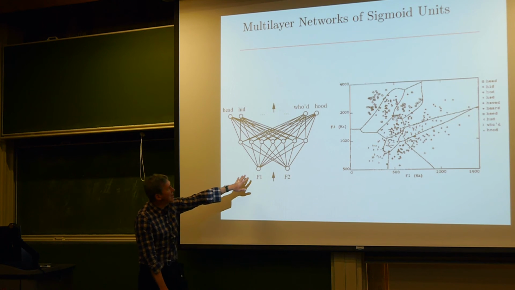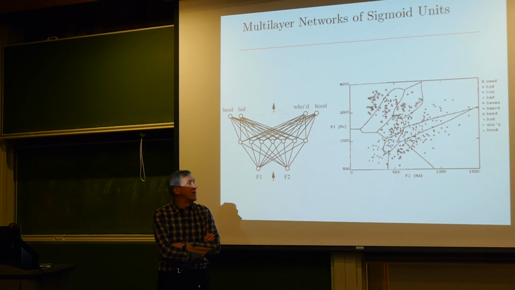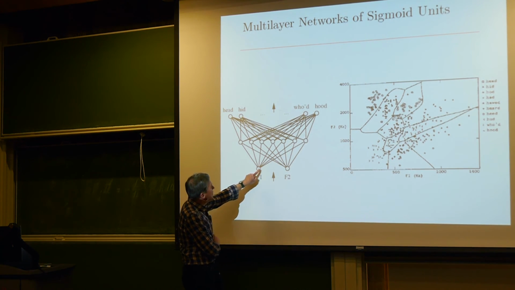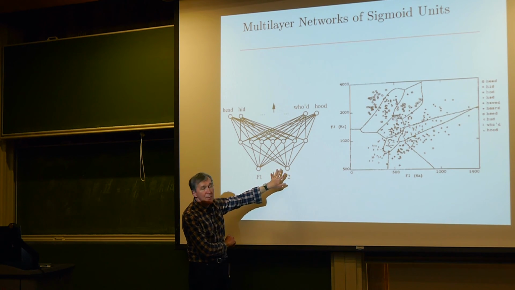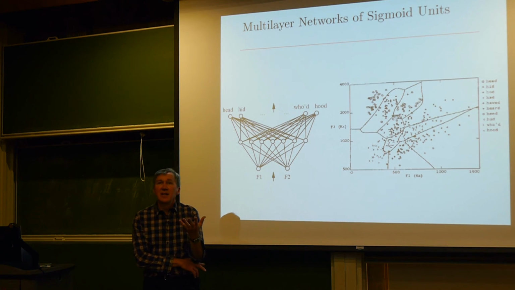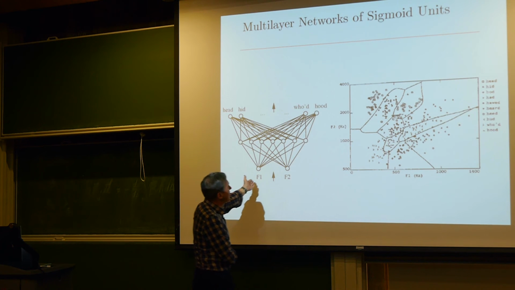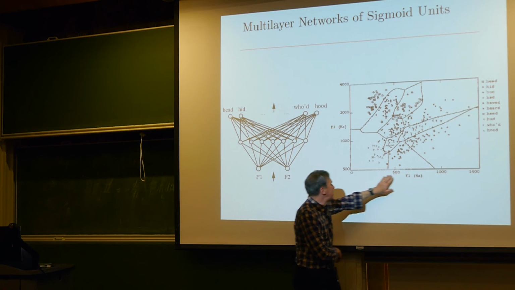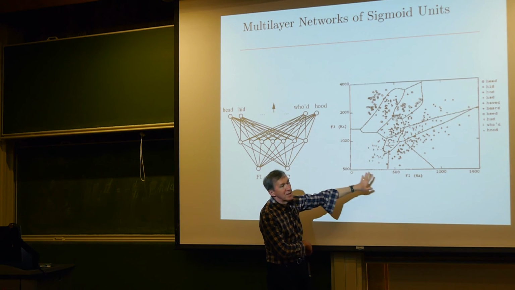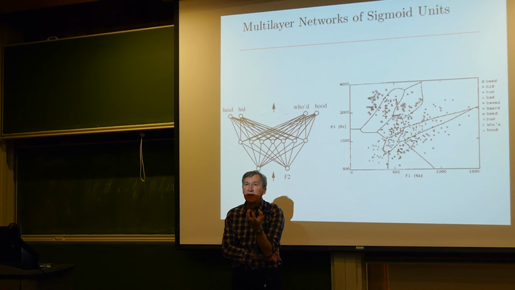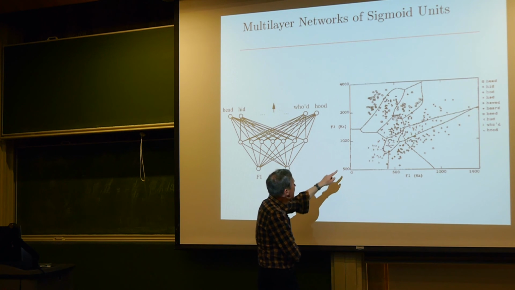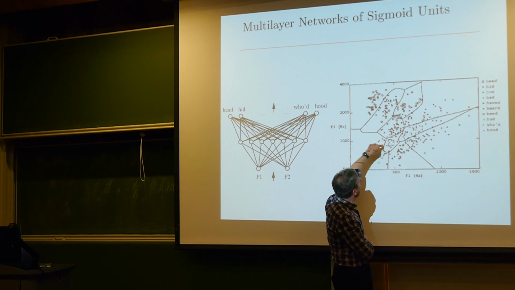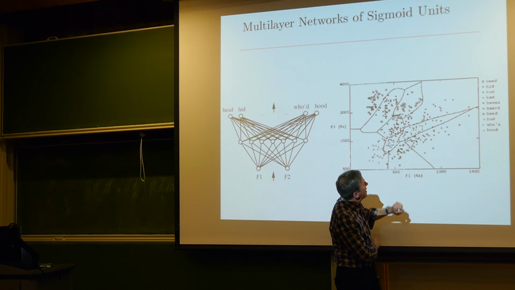And here's an example of a neural network. These two nodes represent the inputs that represent a speech signal. In this case, these are frequency formants that capture two different parts of the power spectrum of a speech signal. And so each point here is a speech data point.